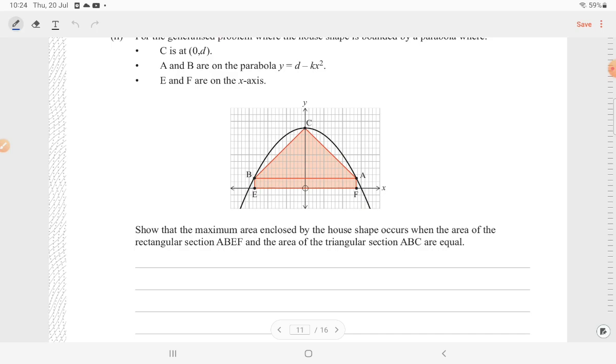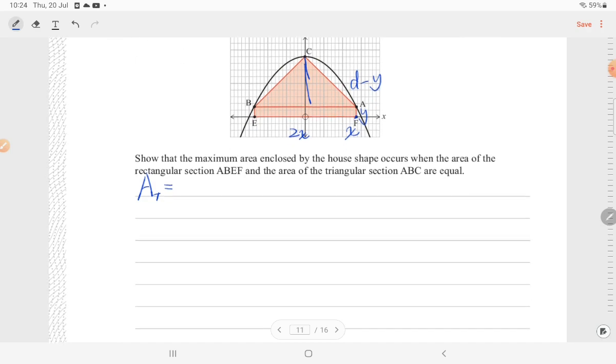So, area of the triangle. This is on the x-axis. Like before we label this point x, and so this base length is 2x, and this height is y, where y is d take away kx squared. So the height of the triangle is d take away y.